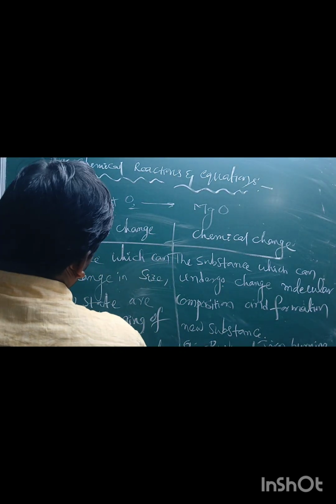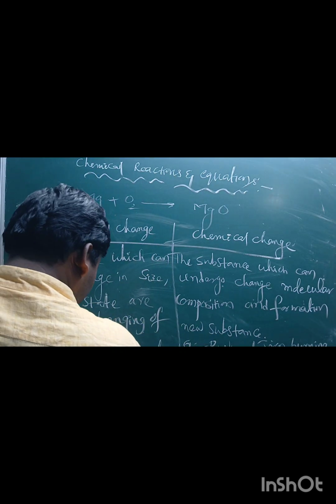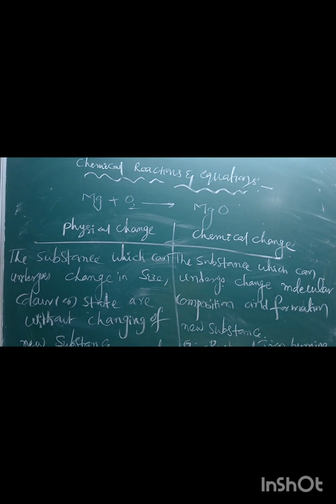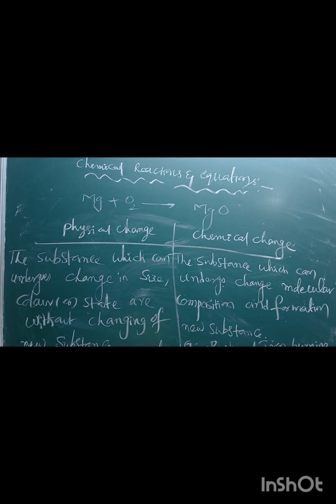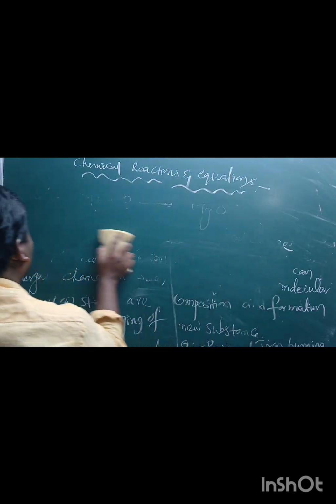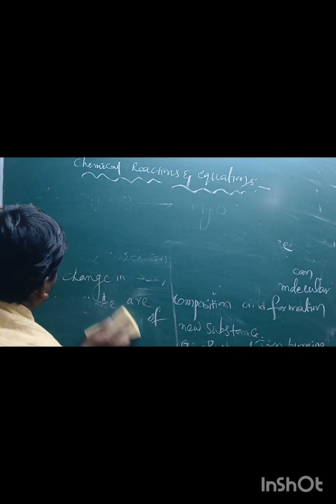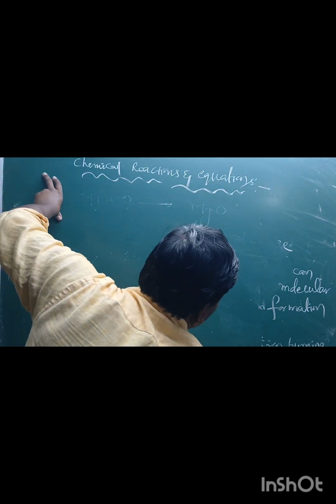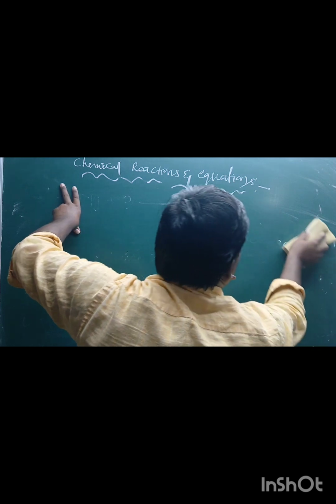So what is the definition of a chemical equation, sir? A symbolic representation of a chemical reaction is called a chemical equation.